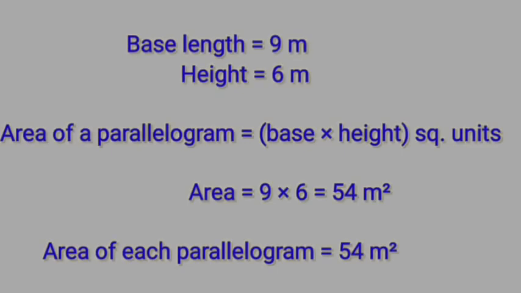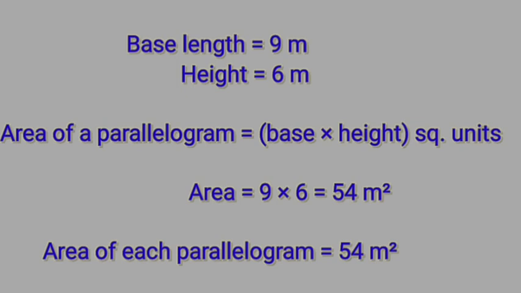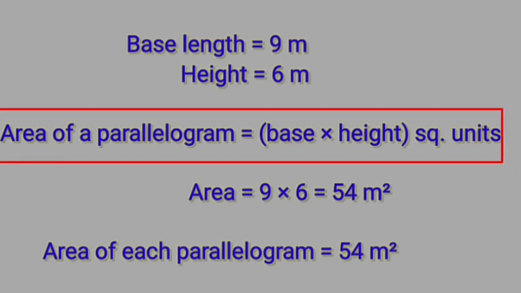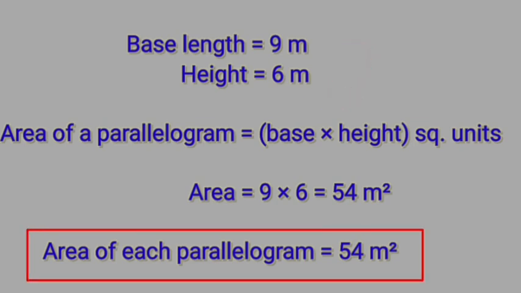So the base length and the height of the required parallelogram are base is equal to 9 meter and height is equal to 6 meter. We know that the formula for area of the parallelogram is equal to base into height square units. Using the values of the base length and the height in the formula, we get the area of the required parallelogram.